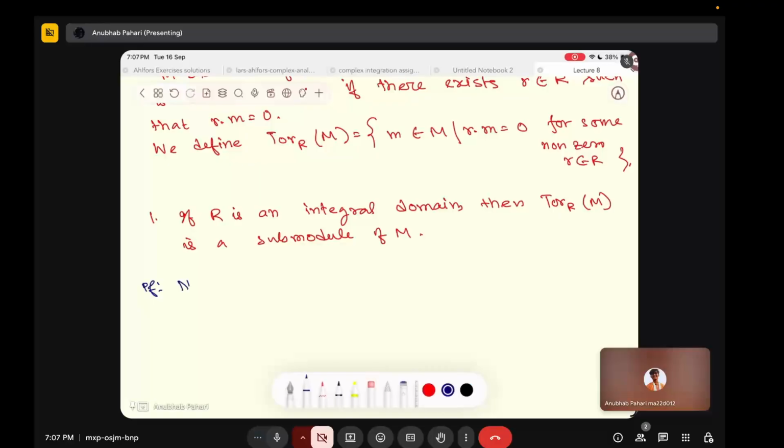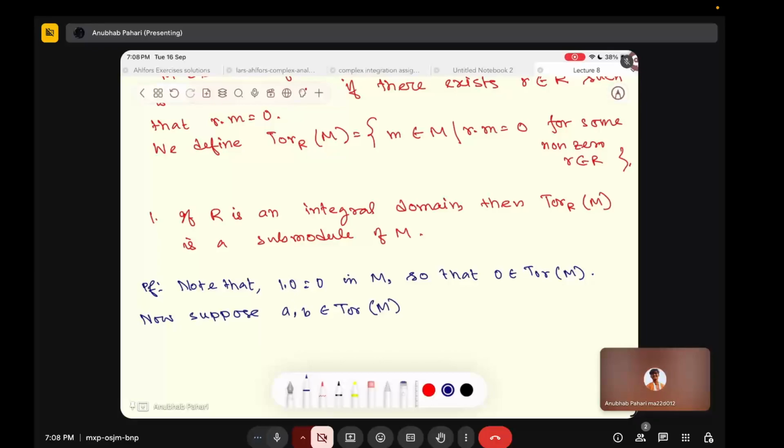Note that one dot zero equals 0 in M, so that 0 belongs to torsion of M. Now suppose a, b belongs to torsion of M and small r belongs to capital R. There exists non-zero u, v belongs to capital R such that u dot a equals v dot b equals 0.